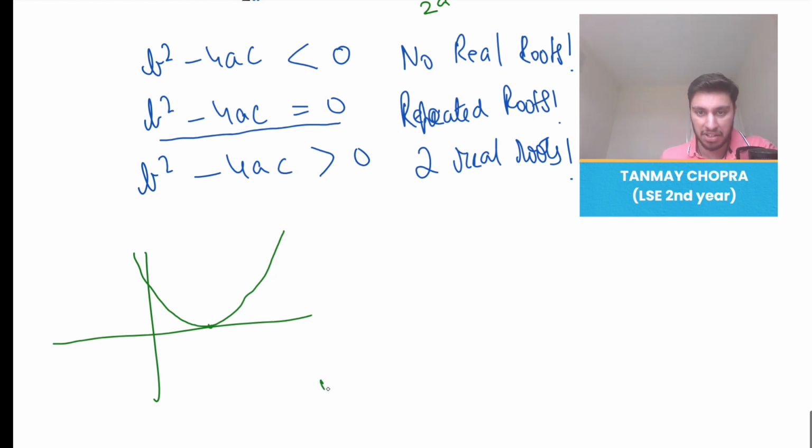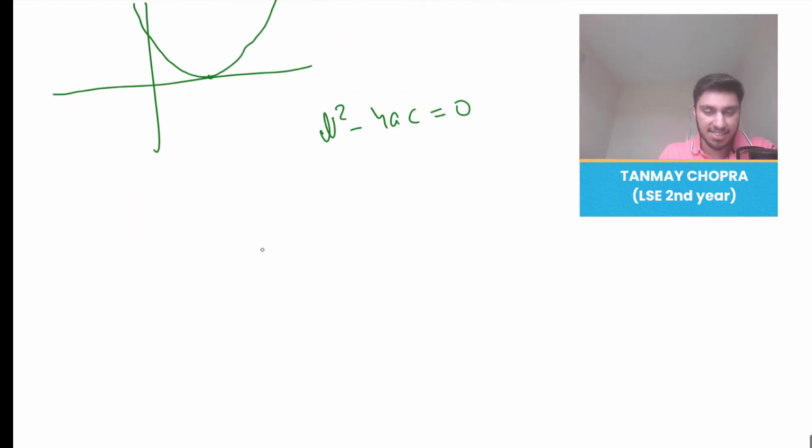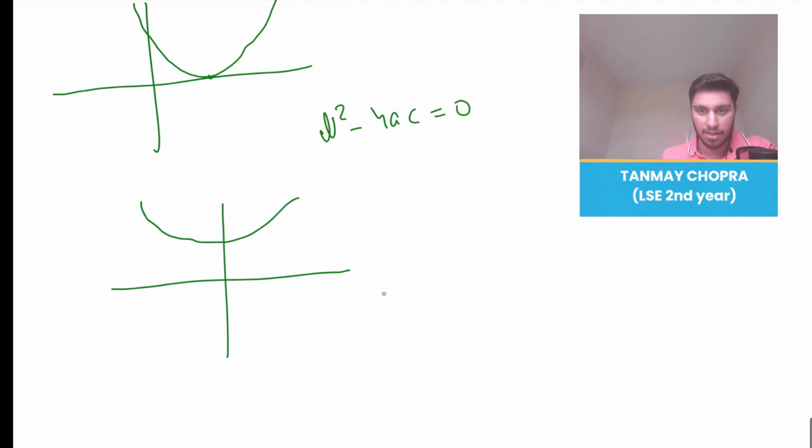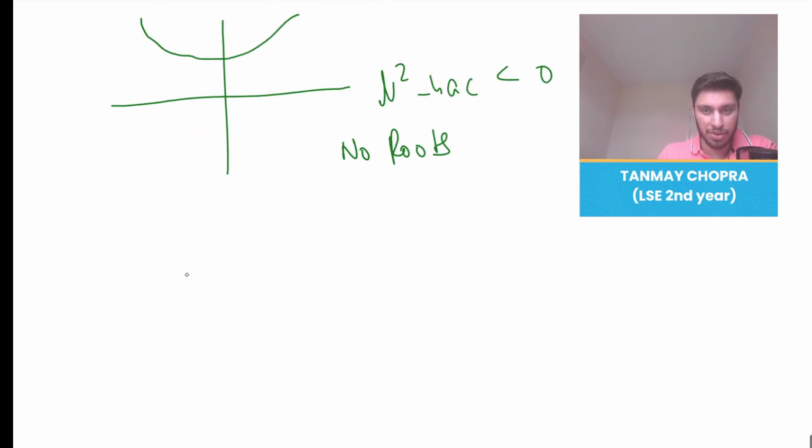So this is b squared minus 4ac equals 0. If b squared minus 4ac is less than 0, then the graph will never touch the x-axis and it might look something like this. So b squared minus 4ac is smaller than 0, no roots. It has to be perfectly symmetrical. My drawing is bad, so excuse me for that.